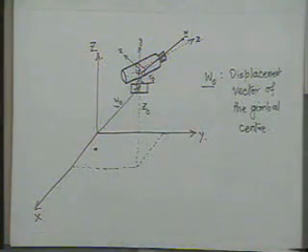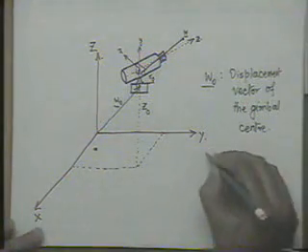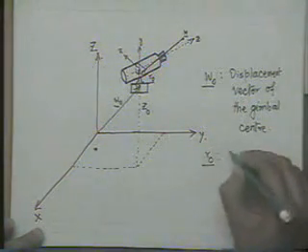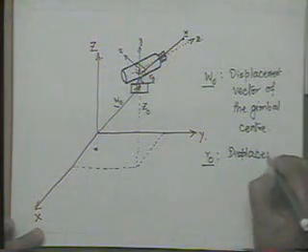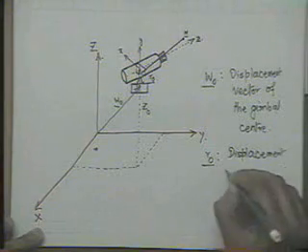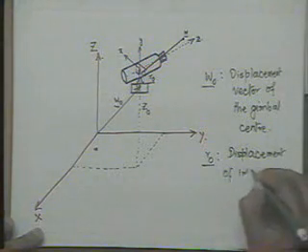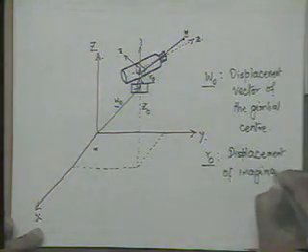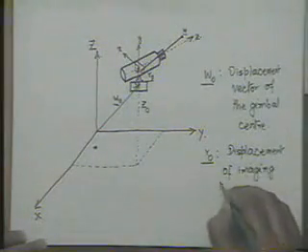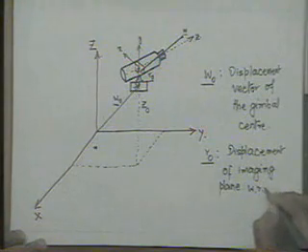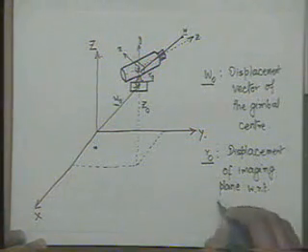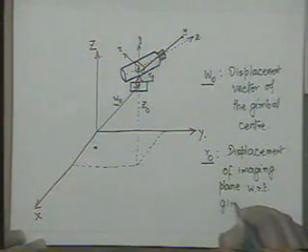So R0 indicates the displacement of the imaging plane with respect to the gimbal center.